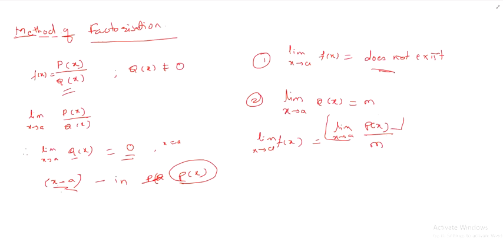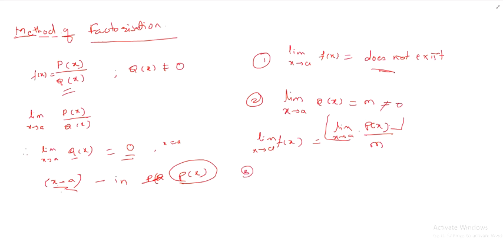In this case, by taking the limit directly in the given function, we can find out the limit. This is the second case, if the denominator is not equal to 0.